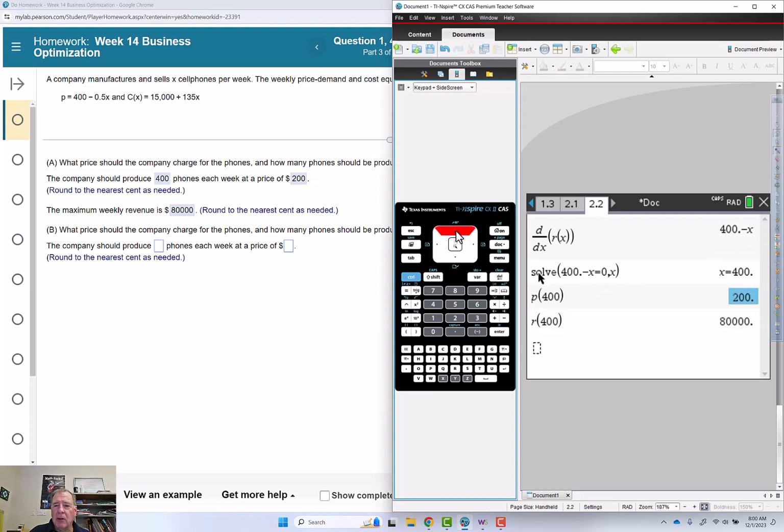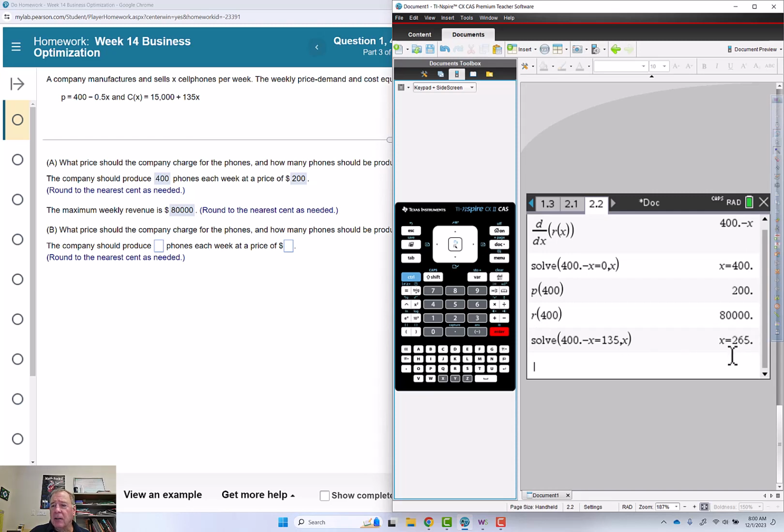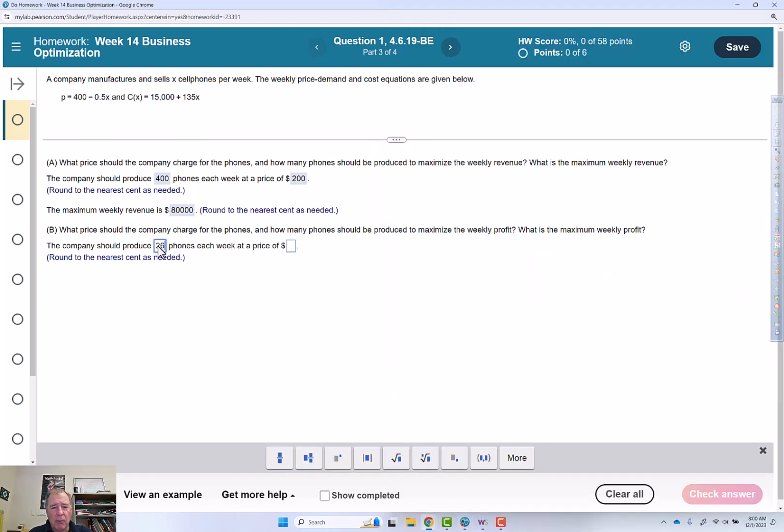So I'm going to go up to this calculation and replace the 0 with my marginal cost. And since my cost function is linear, the marginal cost, or the derivative of the cost, is just 135. So I need to manufacture 265 phones for maximum profit.